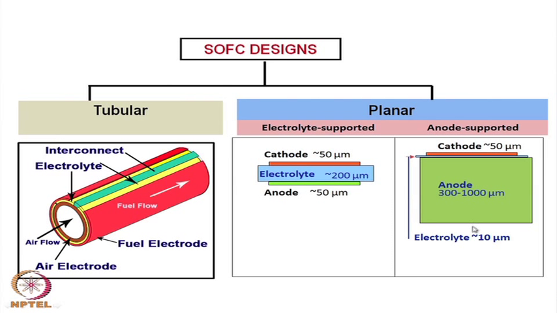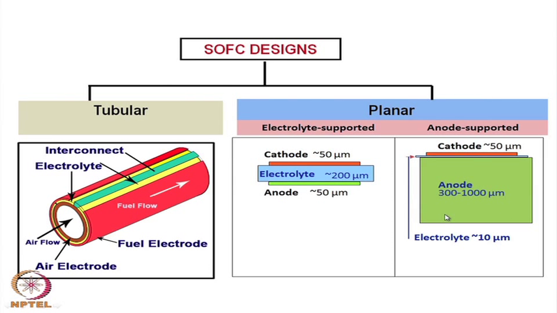These are anode supported, where the anode is much thicker, and the electrolyte is much thinner, about around 10 micron. Well, 10 micron is quite thin, but normally about 20 to 30 micron is quite regular. The cathode once again is about 50 micron.